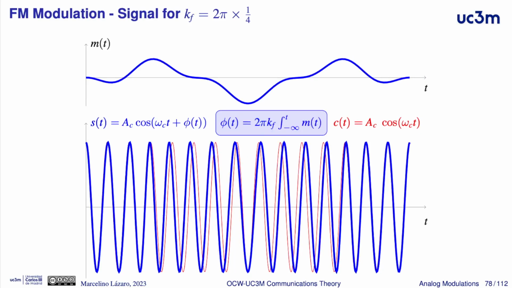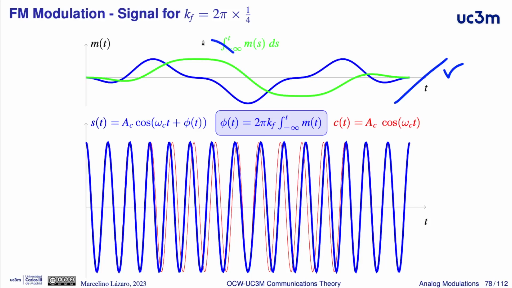In the case of a frequency modulation, the term phi of t is not proportional to the modulating signal, but to its integral. And this means that the modulated signal is ahead or behind the carrier. But to be ahead or to be behind will not depend on the sign of m of t, but will depend on the sign of the integral of the modulating signal.